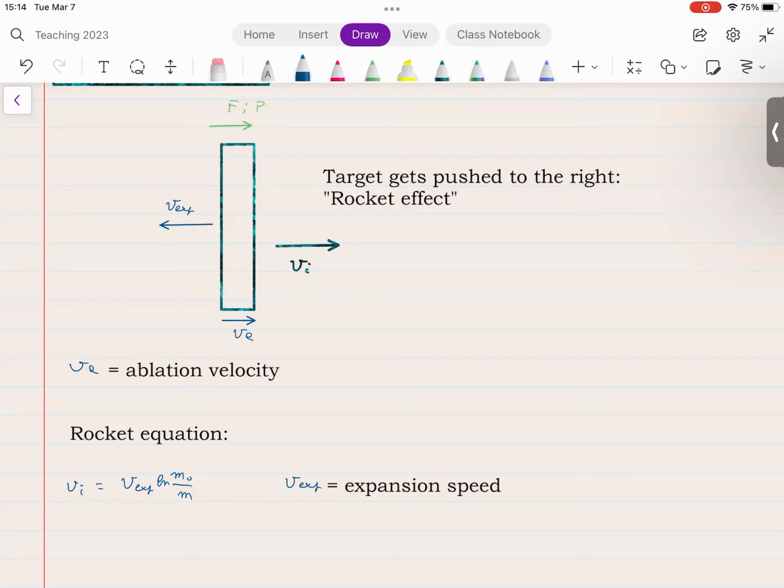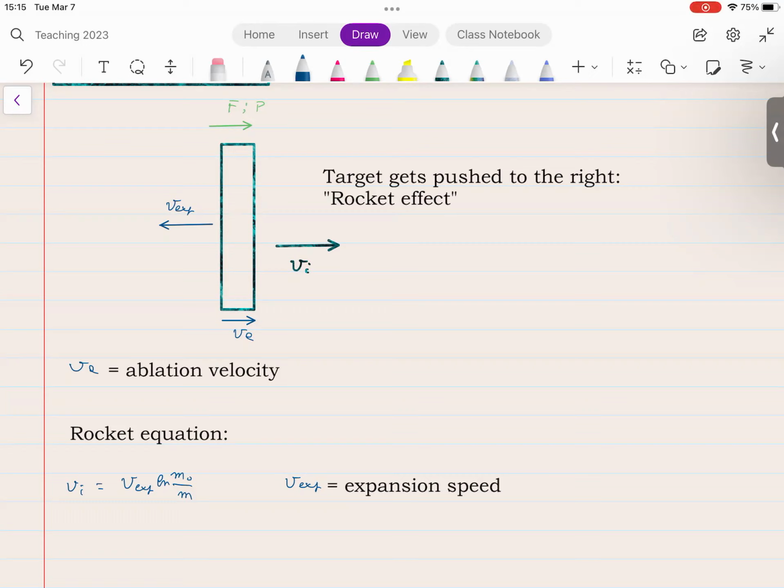But without getting too bogged down in what happens with the different velocities and frames of reference, in fact, the expansion velocity is about the sound speed. And it's easy to calculate once we know the pressure. What is important is that as we're blowing off material from the surface, the target gets compressed, which is what we want.